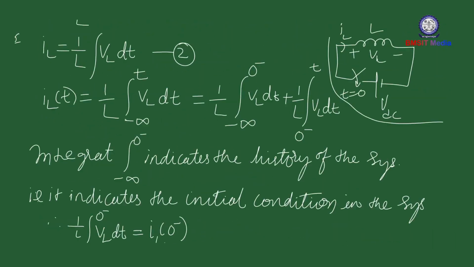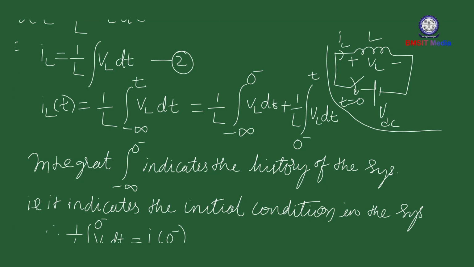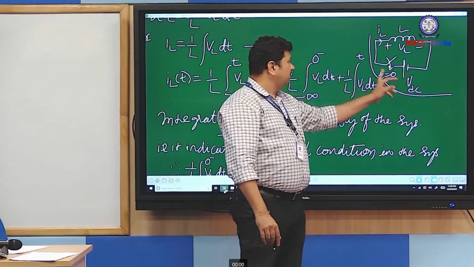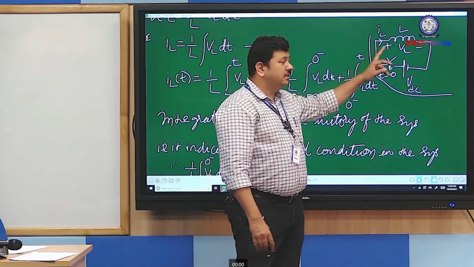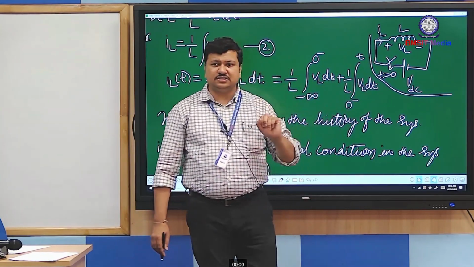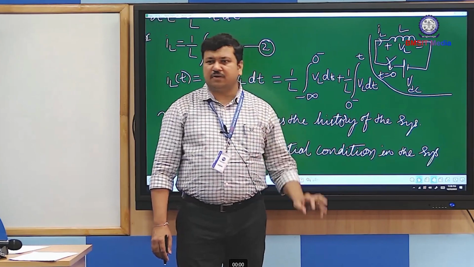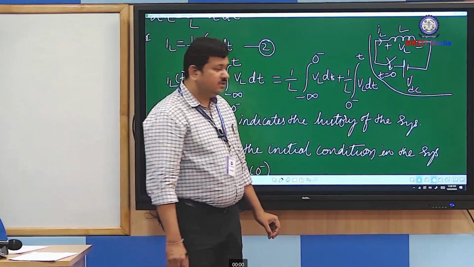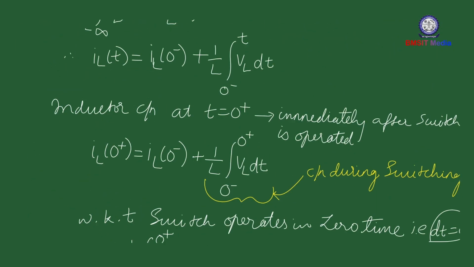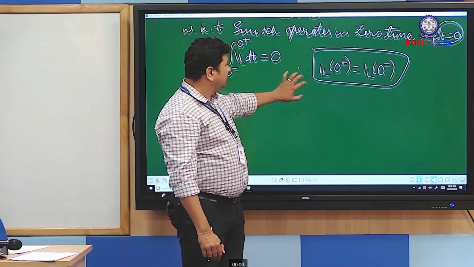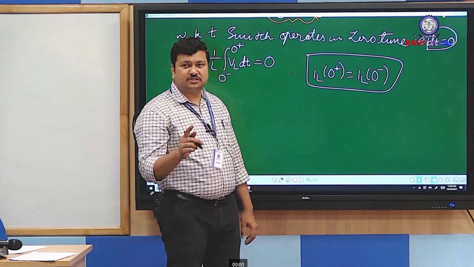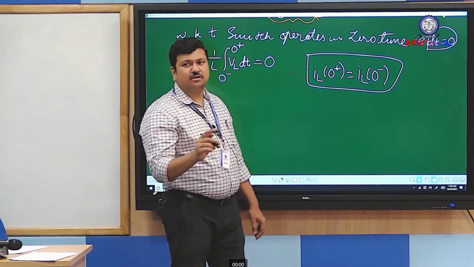If you see the circuit, the moment I close the switch, the source voltage gets applied to the circuit, but the current in the inductor is not changing immediately after closing the switch. So this expression says that the current in an inductor does not change instantaneously.